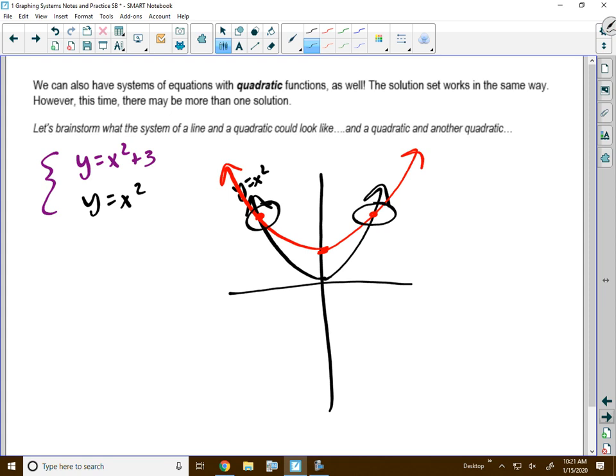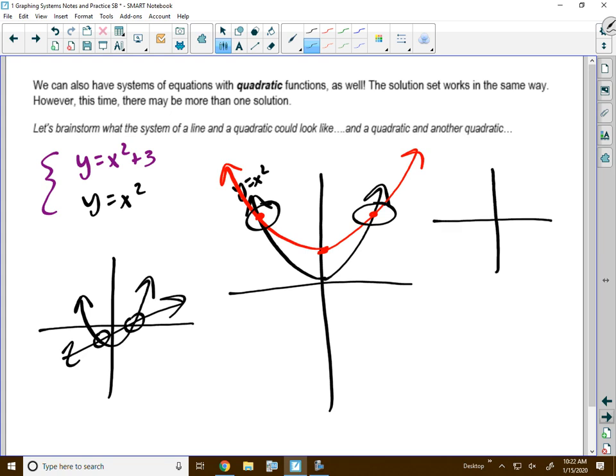Now I want you to think about a quadratic. So let's say here's our quadratic and a straight line. What could happen if a straight line goes through a quadratic? It could hit twice, right? It could go like this, and then it would have these 2 intersecting points. That can happen. Let's do another one. Could this happen?